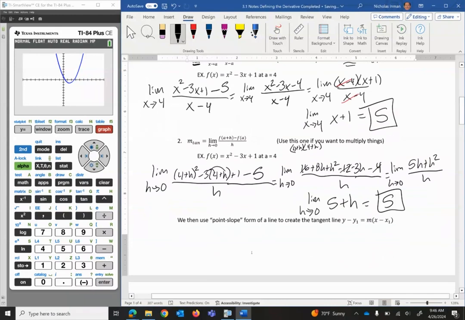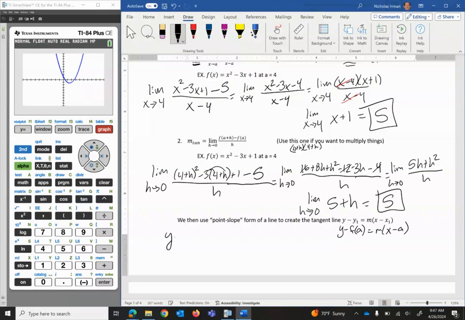Now what this allows us to do is make it an equation, a straight line. We should remember point slope form from way back when. So y minus y1, that's like y minus f of a is equal to m times x minus a if we use our current letters.